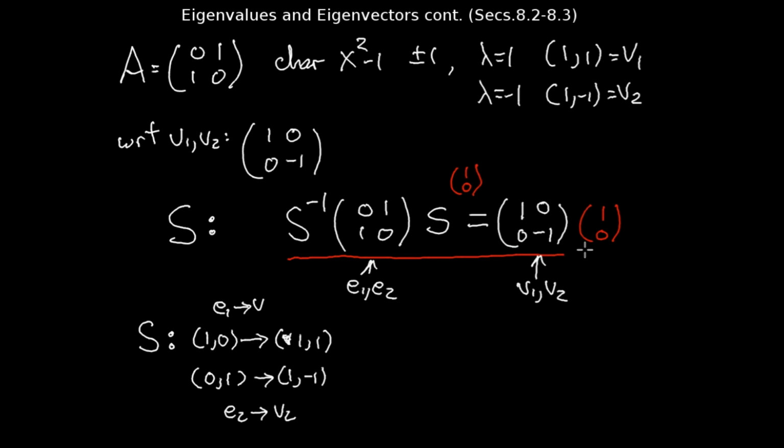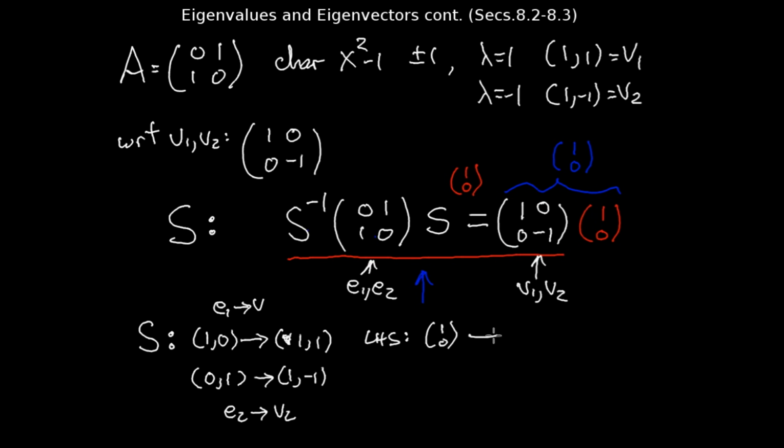Well, on this side, this is the eigenvector for eigenvalue 1. You get (1, 0) again. And on this side, well, first S takes (1, 0) to (1, 1). And then that's the eigenvector for this matrix, so you get itself again. And then S inverse takes you back again. So let me say that over here on the left-hand side.